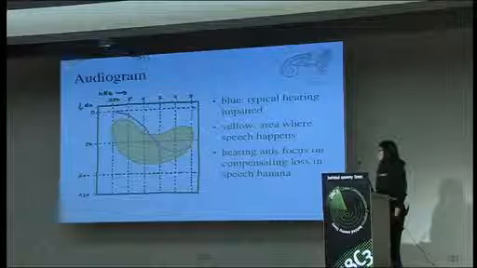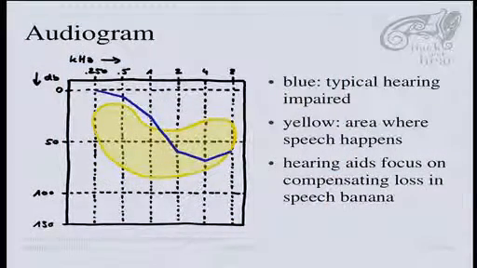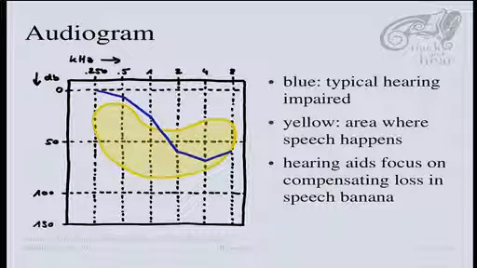Another thing is the area where speech takes place. This is called the speech banana, actually, that's a technical term for it. It varies, of course, according to the language and the speaker. For example, female speakers have a slightly different curve than male speakers.